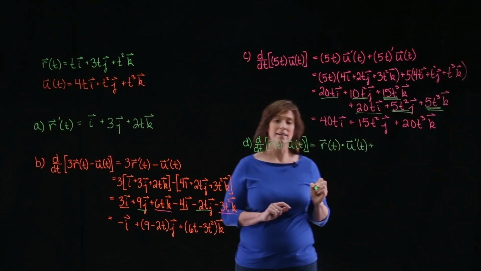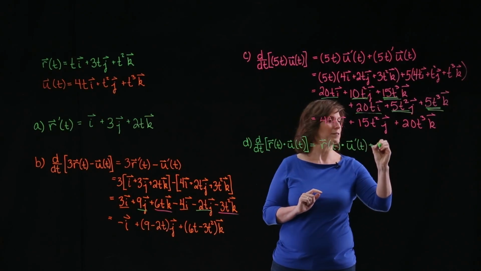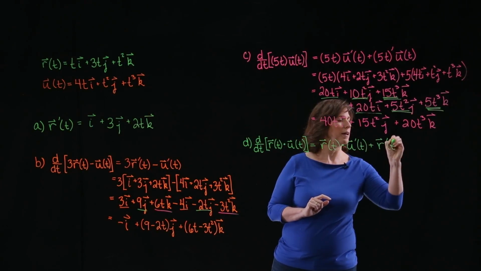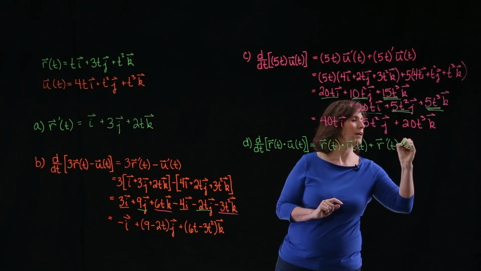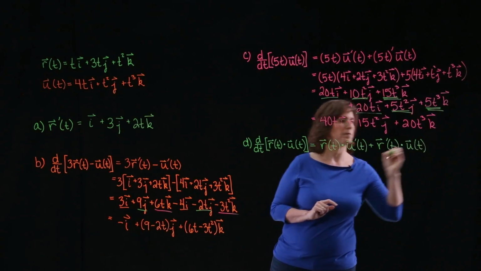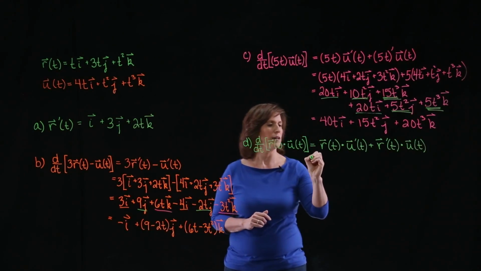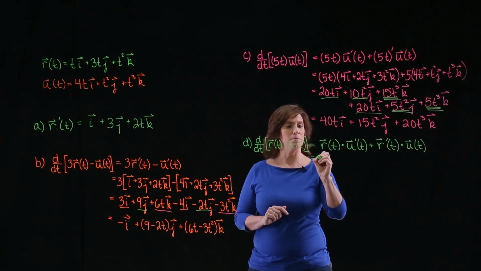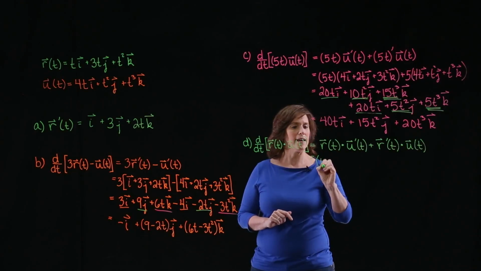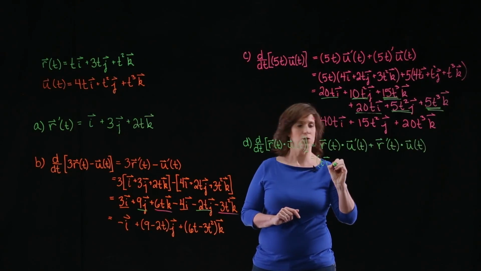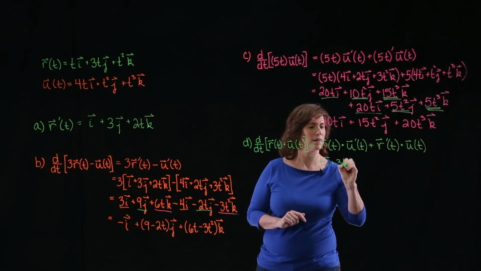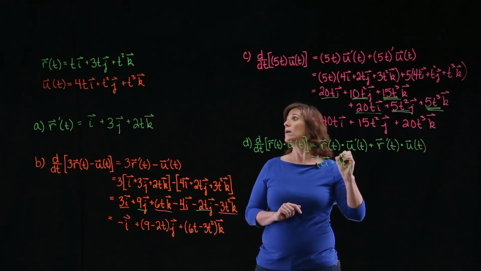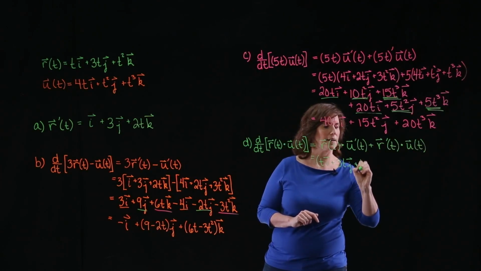And then we'll add r prime of t, and we're going to dot that with u of t. Okay, so now let's plug in the details. r of t is going to be ti plus 3tj plus t squared k.